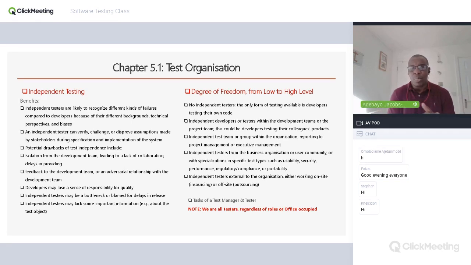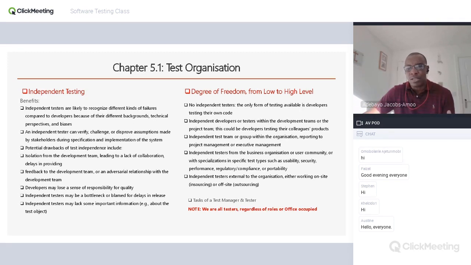Okay, so in every organization there are a few ways that people do testing, and in these 3 ways, some people engage their developers to do testing for them. So what that means is they don't have testers.